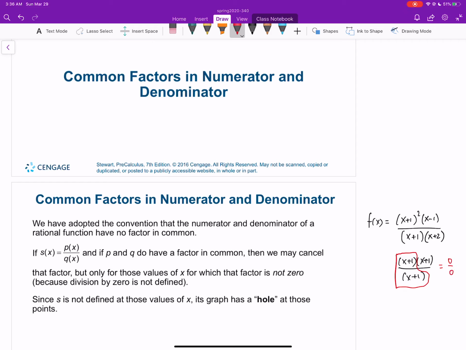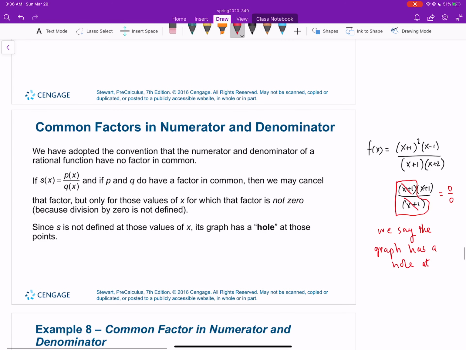We cannot divide by 0, and so by canceling that common factor, we say that the graph has a hole at that x. So in this case, I have a hole at x equal to -1.